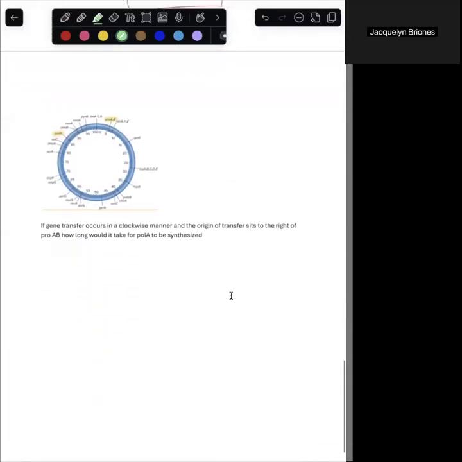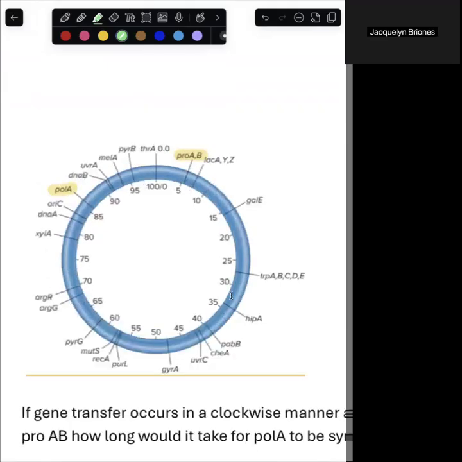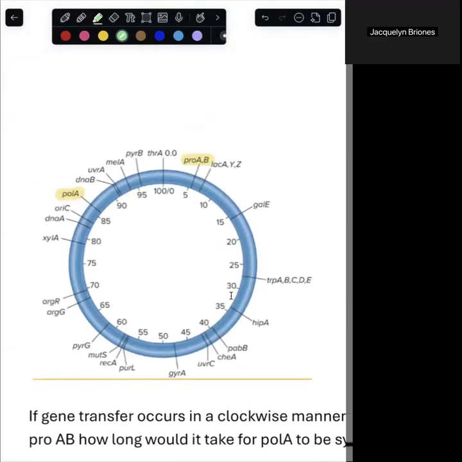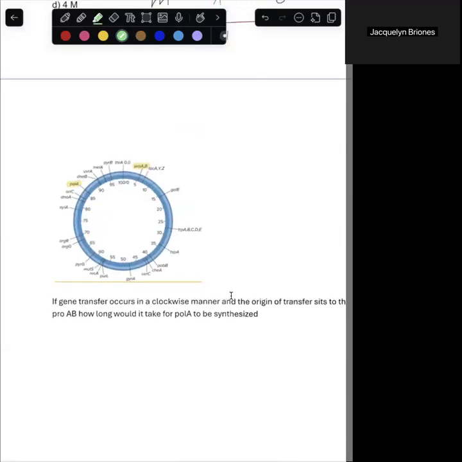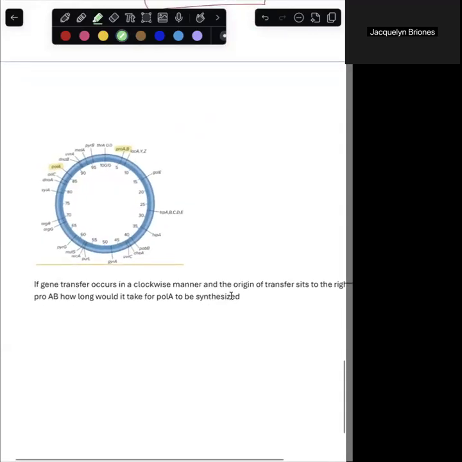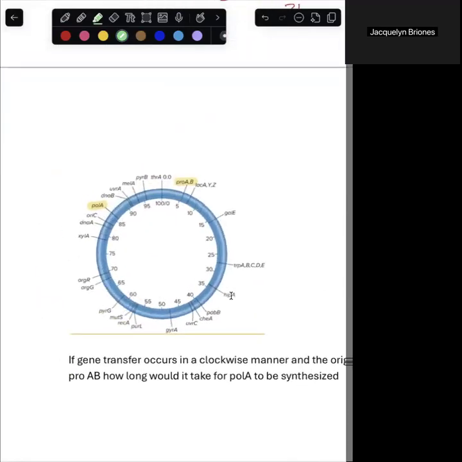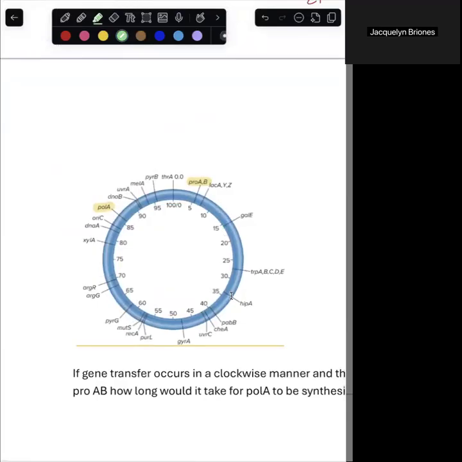Okay, if gene transfer occurs in a clockwise manner and the origin of transfer sits to the right of pro-AB, which is highlighted here, to the right, so it's a little after 5, how long would it take for pol A to be synthesized? Pol A sits right after 85, and we're around the 5.